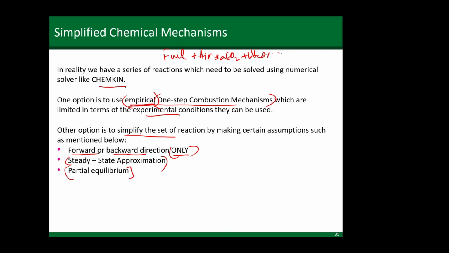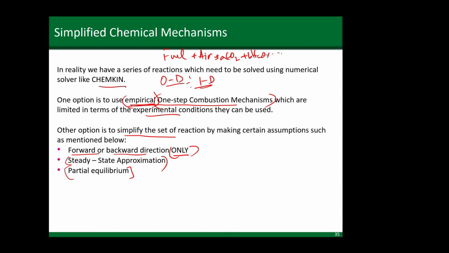And lastly, if you are dealing with a simple geometry, then you can solve a kinetic mechanism using Chemkin, which is brilliant for a 0D chemical reactor, or a 1D chemical reactor, like a flame, like a Bunsen burner flame, or like a flat flame or something like that, where it's very simplistic.